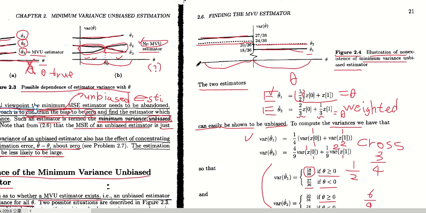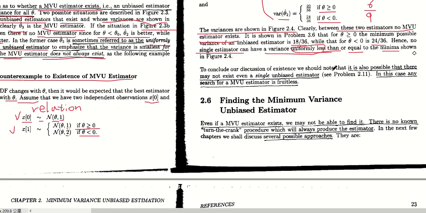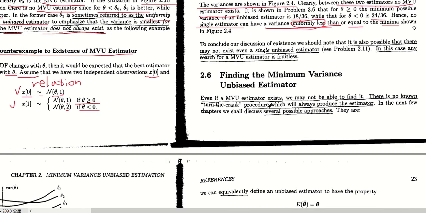If it's in this region, then we can use theta 2. If theta is in this region, we can use theta 1. But theta is supposed to be unknown. Therefore, we don't know what it is, and we cannot claim any one of them to be better.